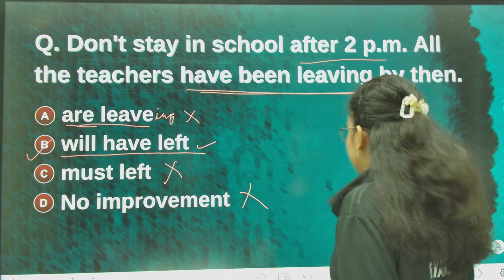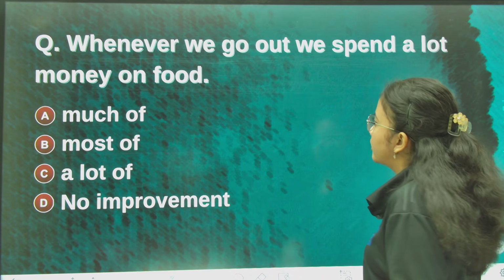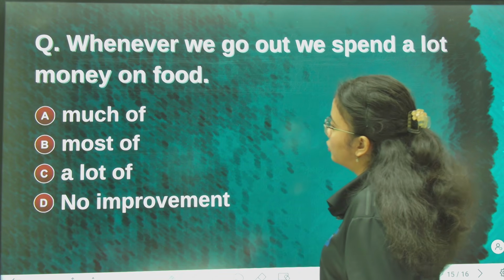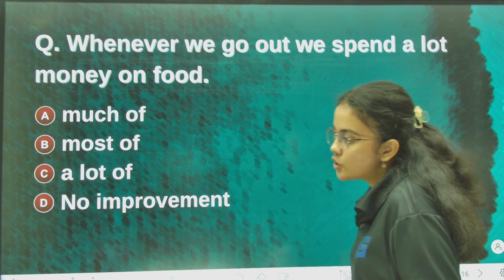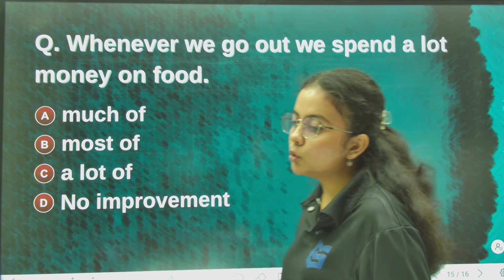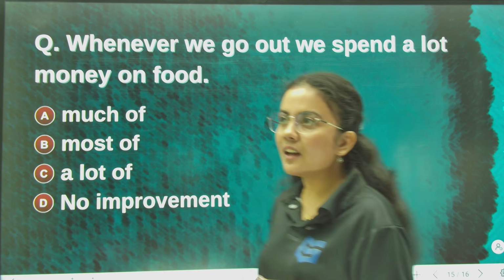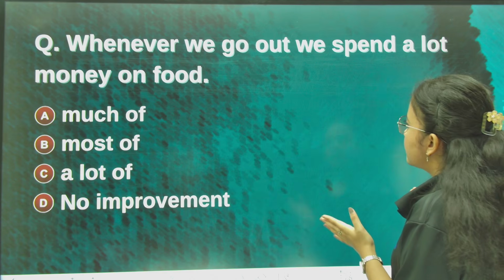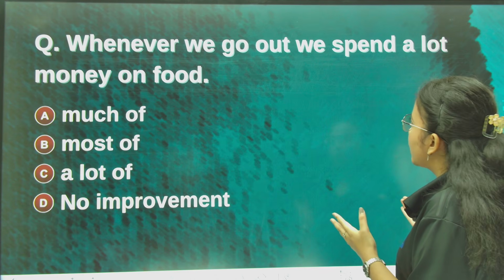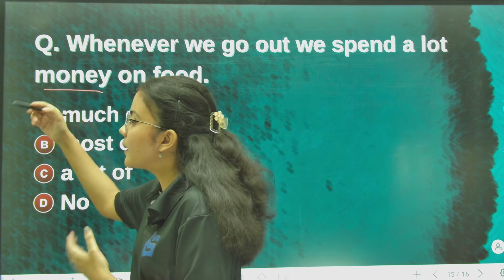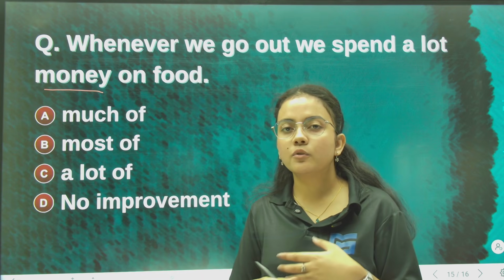Okay, remember that much. Next question: whenever we go out we spend a lot money on food. In English grammar, when we talk about the degree of something like how much money, we do not say "a lot money".